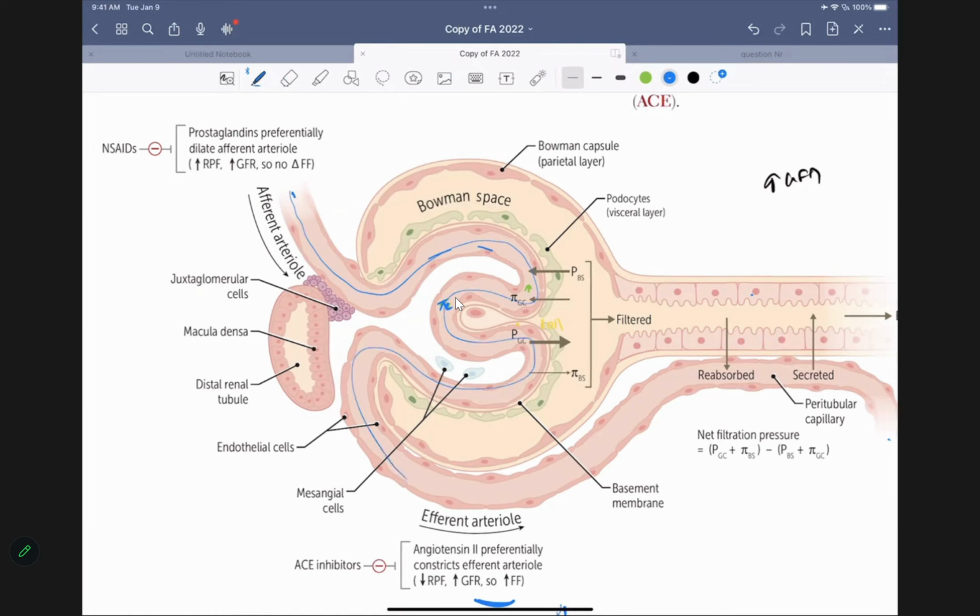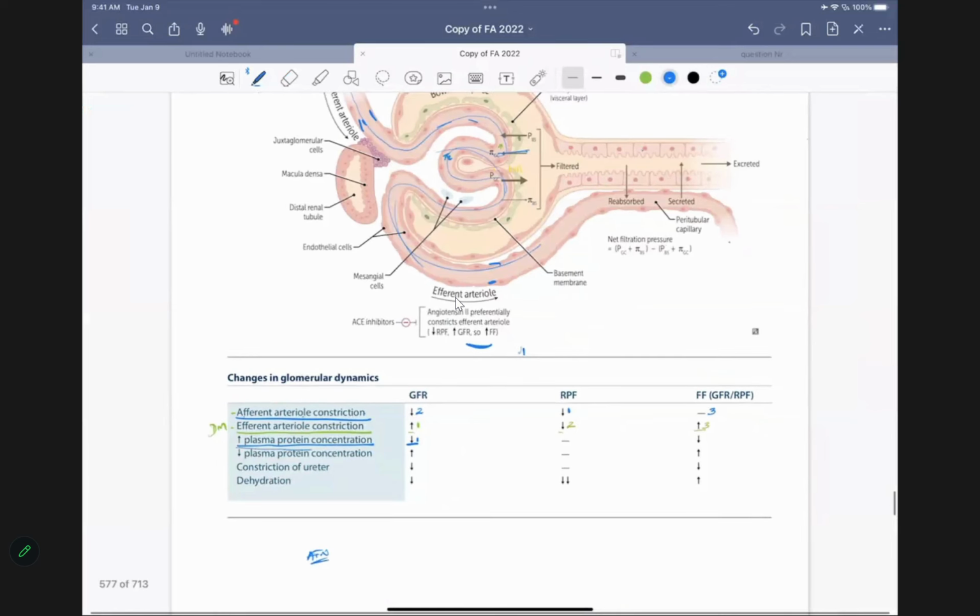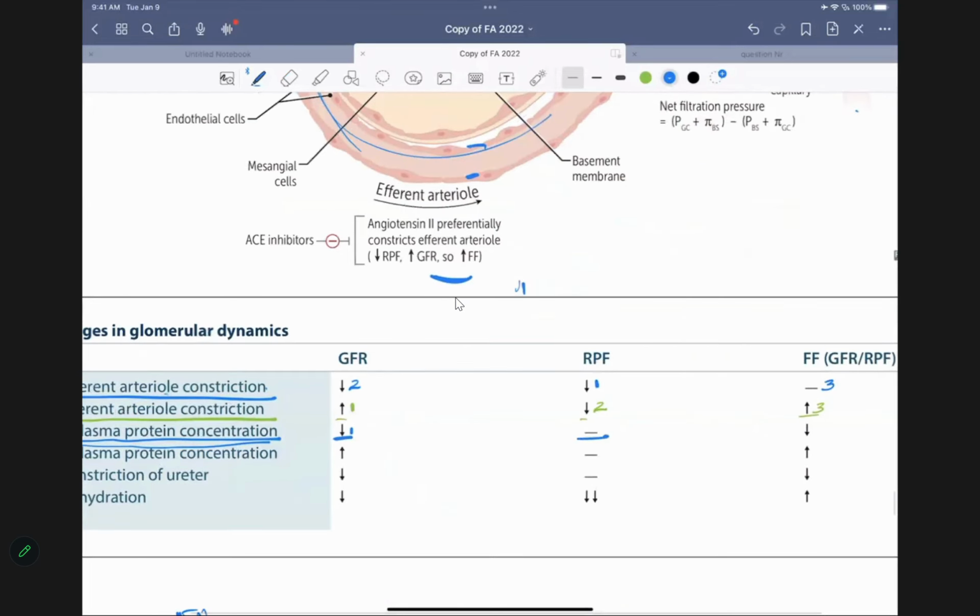When it comes to the glomerulus, whatever gets filtered, it filters, and the blood flow keeps continuing. It doesn't slow down. The only way to slow it down is to block here or here. Does that make sense, folks? That means increased plasma protein doesn't affect the renal plasma flow because it doesn't slow down the flow. And the filtration fraction goes with GFR.